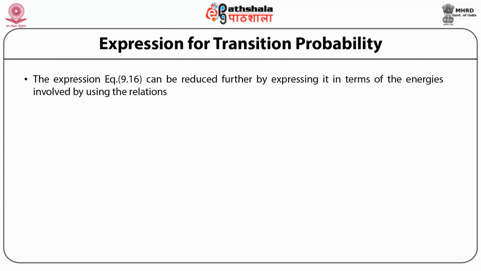The expression given by equation 16 can be reduced further by expressing it in terms of the energies involved, using the relations: square of gamma a is equal to V naught minus E divided by delta, and square of k a is equal to E divided by delta.